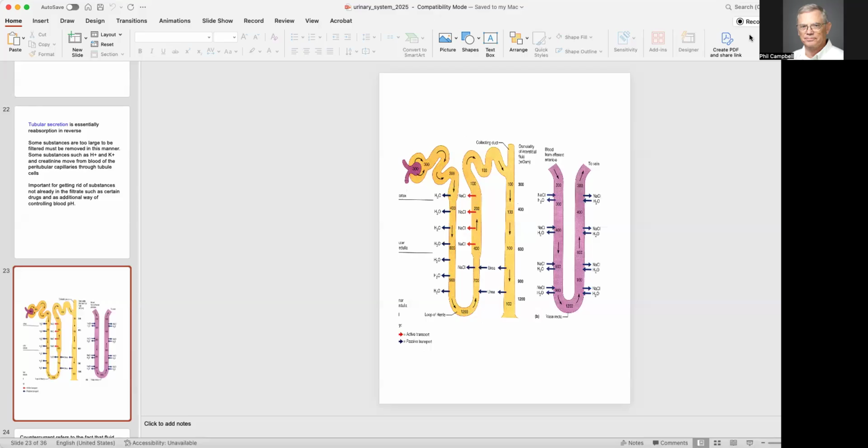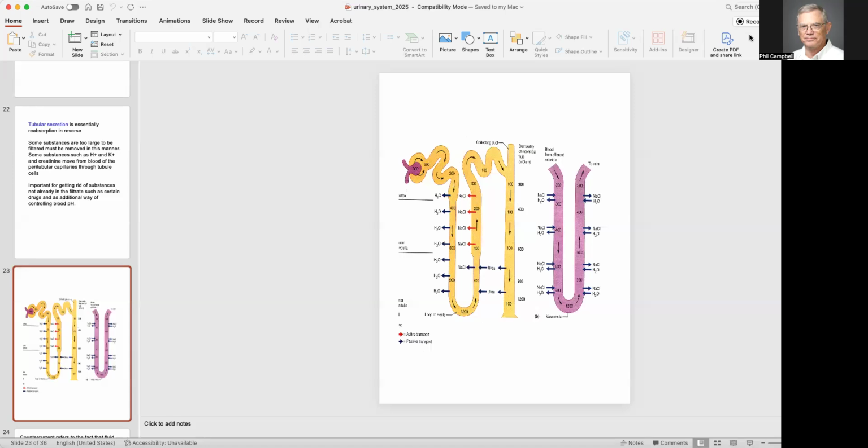It starts out at 300 milliosmoles, which is equivalent to blood. As we go down to the deepest aspects of the loop of Henle and the vasa recta, it's at 1200 milliosmoles. So there's an osmotic gradient going from 300 to 1200 milliosmoles as you get deeper into the medullary space.